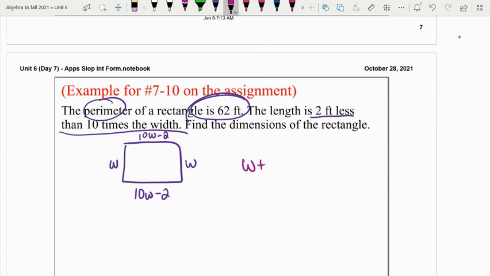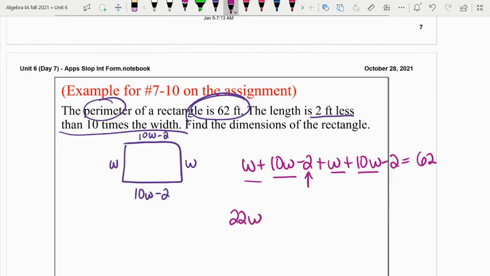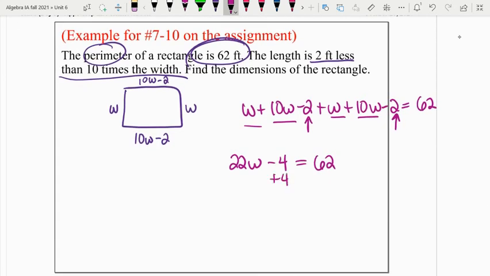So I have a W plus a 10W minus 2 plus another W plus a 10W minus 2 equals 62, which gives me a W, a W, a 10W, a 10W, so 22W. I have a negative 2 and a negative 2, so minus 4 equals 62. So add 4 to both sides. So 22W equals 66.